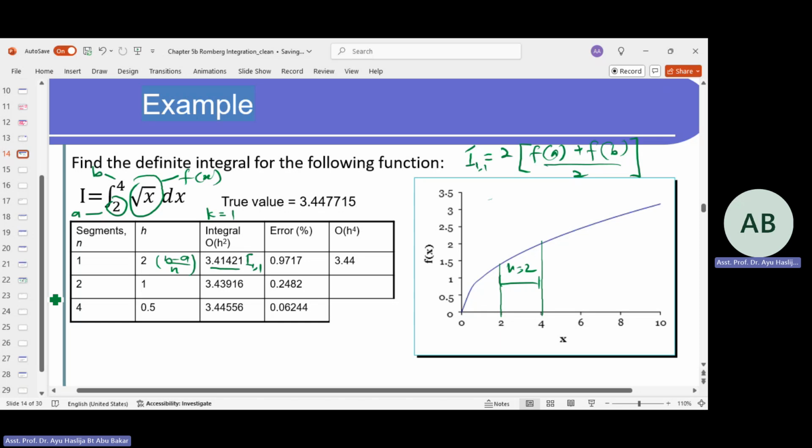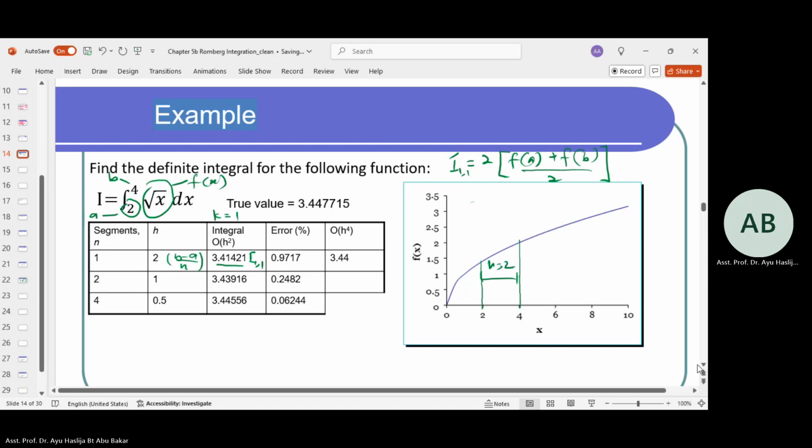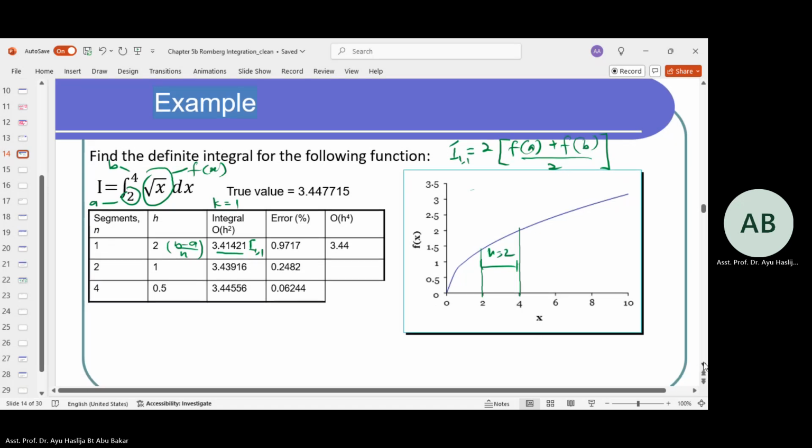Then you will get the first integration. So you get 3.41.